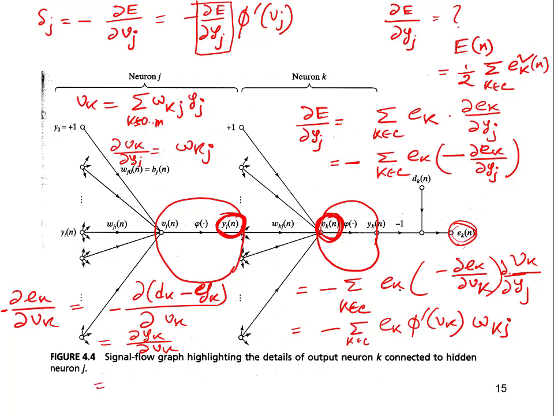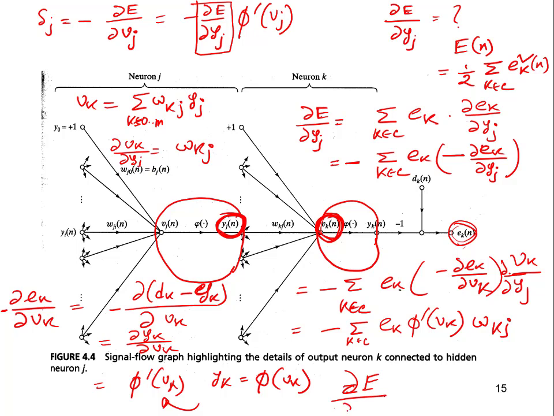So from here the yk and vk part can be represented as phi prime of vk, because yk is nothing but phi of vk. So delta of phi of vk with respect to vk turns into the first order derivative, phi prime of vk.